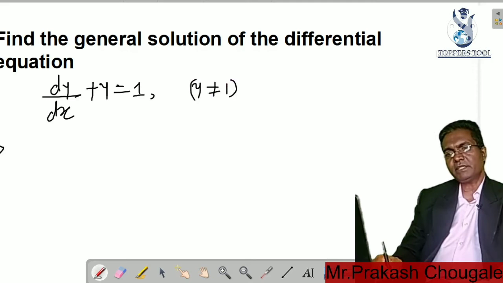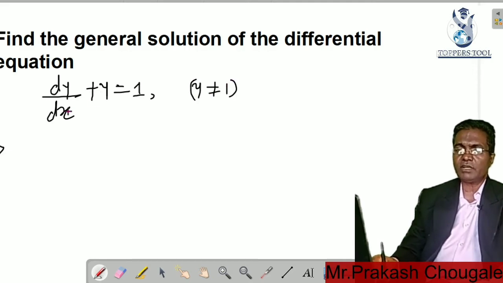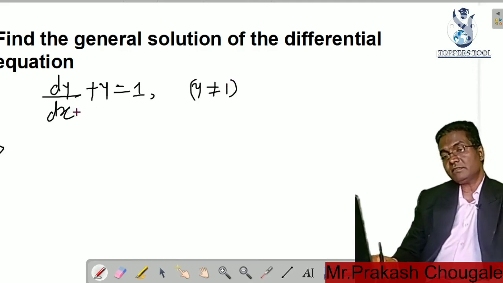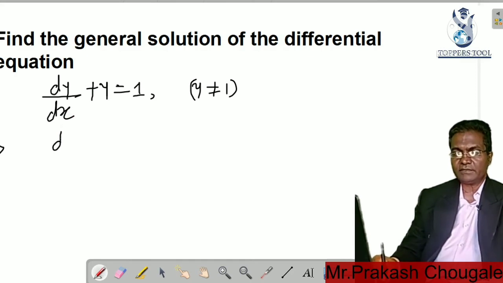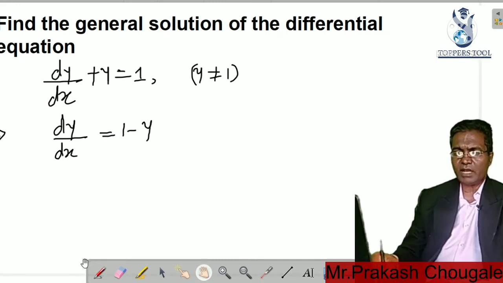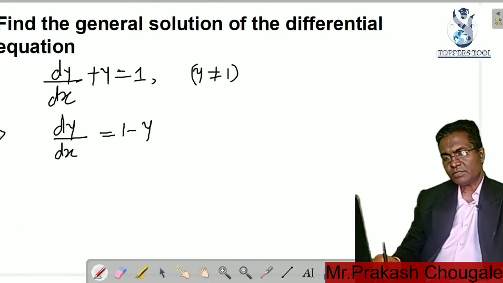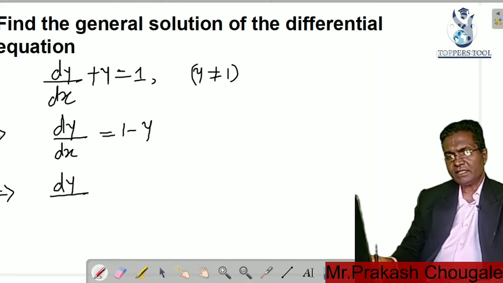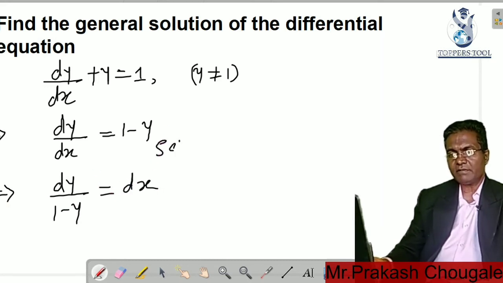Now try to separate the variables, meaning first you need to convert dy by dx on one side and the rest of the thing on the other side. I can write dy by dx is equal to 1 minus y. Now you can bring this 1 minus y down, that we call separation of variables. I can write dy by 1 minus y equals dx. This is called separating variables.